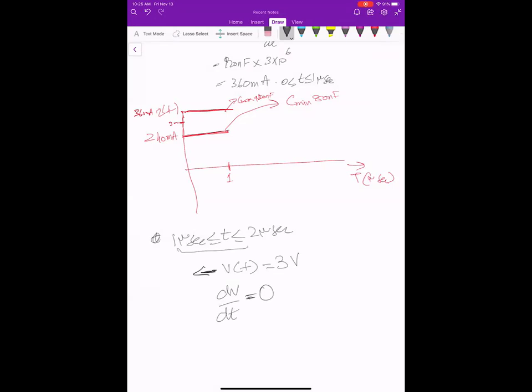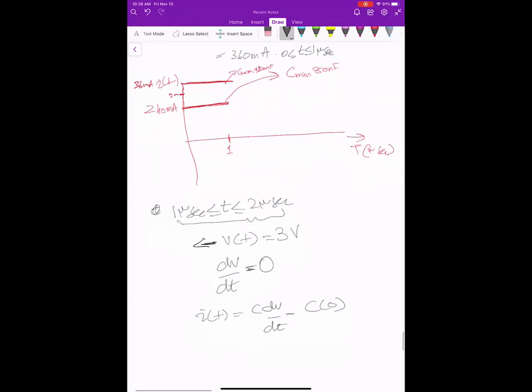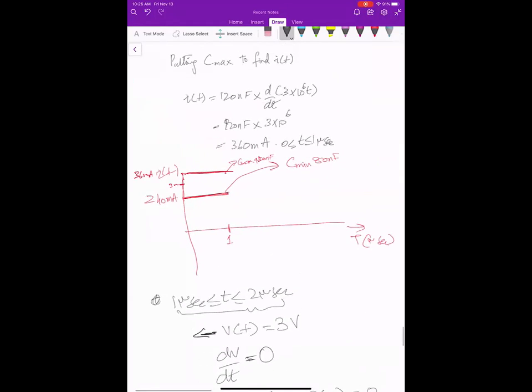So for this interval, I of t is C dV over dt, which is 0. So for this interval, whether it's C min or C max, my I of t will be 0. So my waveform for both of them will go here, and for 2 microseconds, it should be plotted like that. Sounds good?